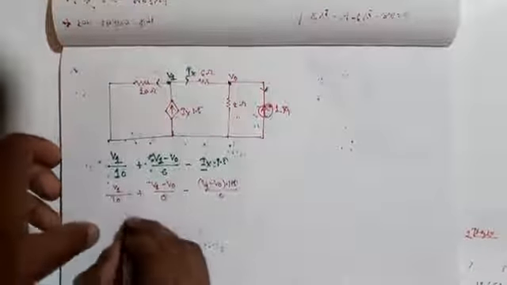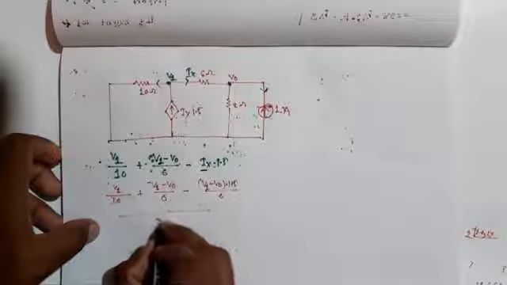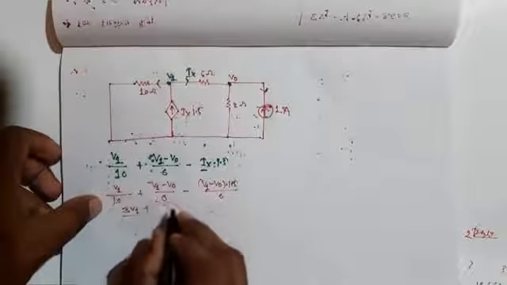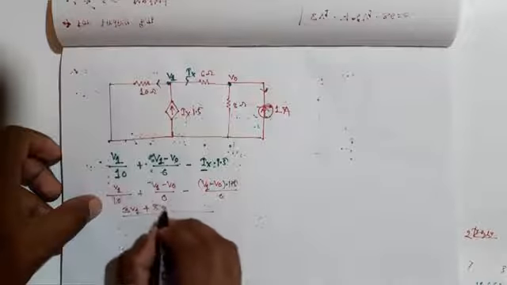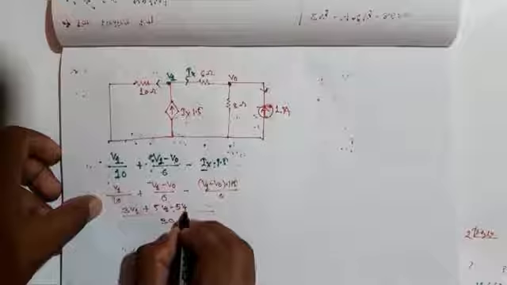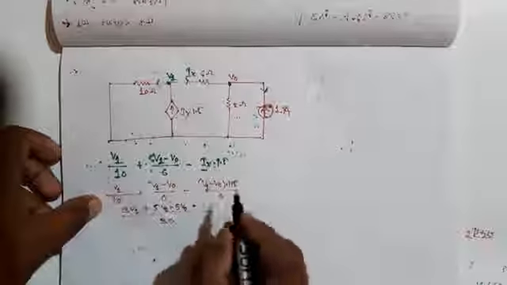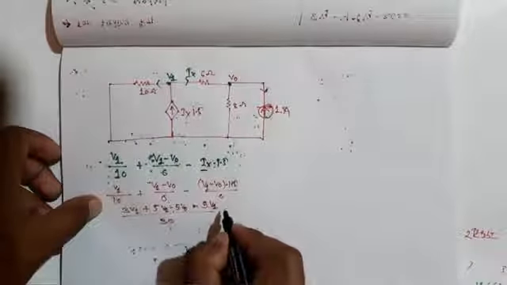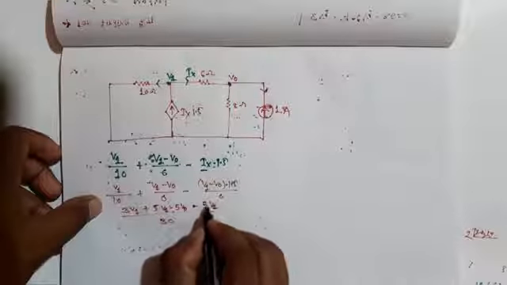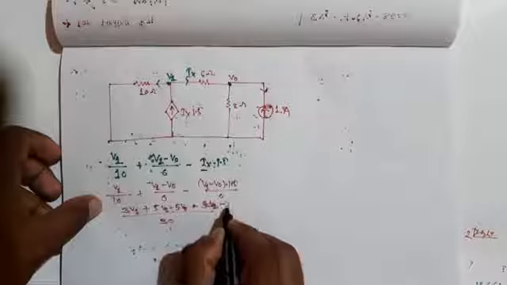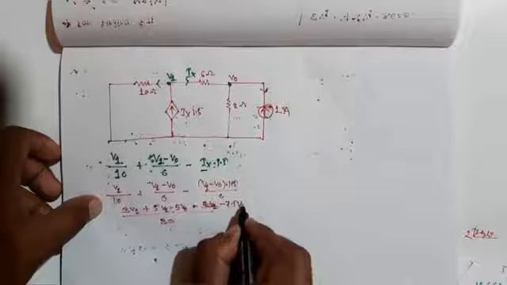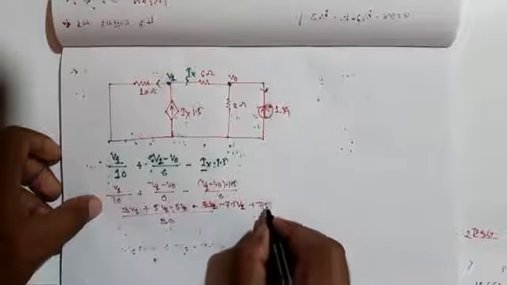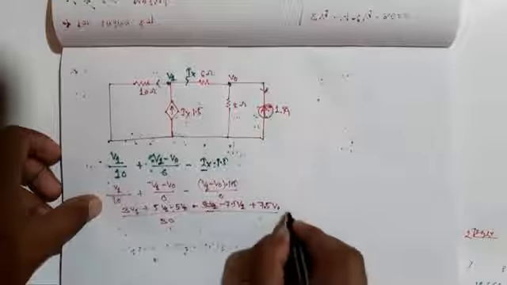Taking the LCM, which is 30, we get 3V1 plus 5V1 minus 5V0, minus 7.5 V1 plus 7.5 V0, equal to 0.